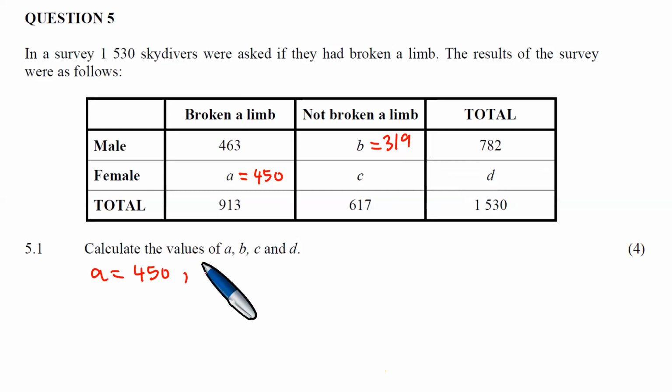So our B is 319. What is our C? B plus C must be 617. So clearly our C must be 298, because 298 plus 319 is 617.